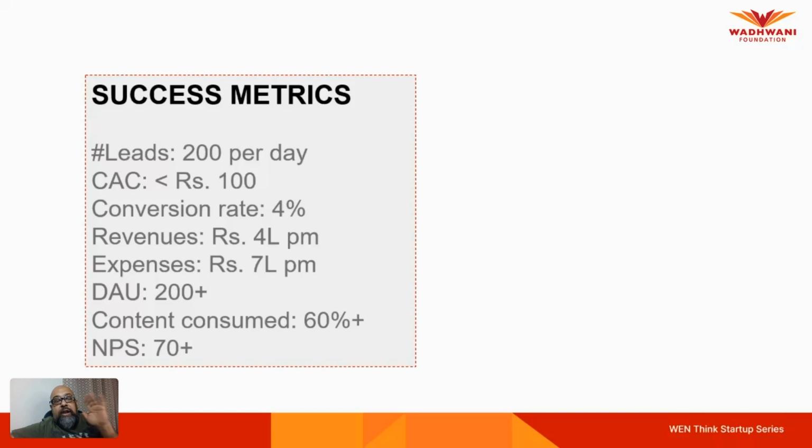Revenues, they're looking at 4 lakh per month. Expenses, 7 lakh per month. Cash flow negative. DAU 200 plus, content consumed 60% plus, NPS is 70 plus. NPS is Net Promoter Score.